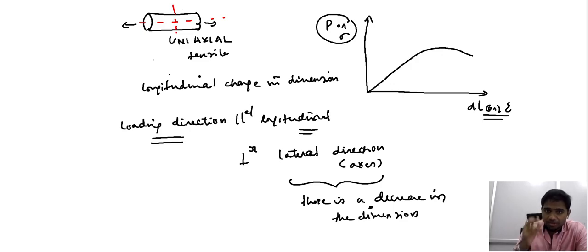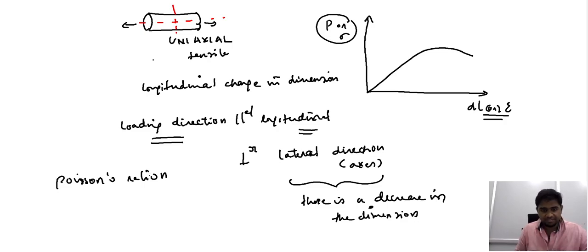Now we saw in our previous lecture that there is a parameter that can be used to describe both these changes in the dimensions. So we have a change in the dimension along the loading direction and also a change in the dimension perpendicular to the loading direction, and both these can be expressed by using a parameter called Poisson's ratio.